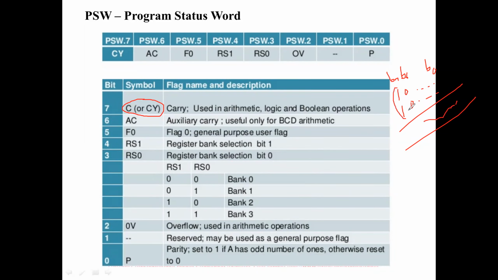If I add these two bits, I'll get 0 and 1 will be jumped out. That is the carry, which is jumping from bit 7 to bit 8, out of the register. So this is the carry. The auxiliary carry is between bit 3 and bit 4, since we have a 4-bit nibble here.